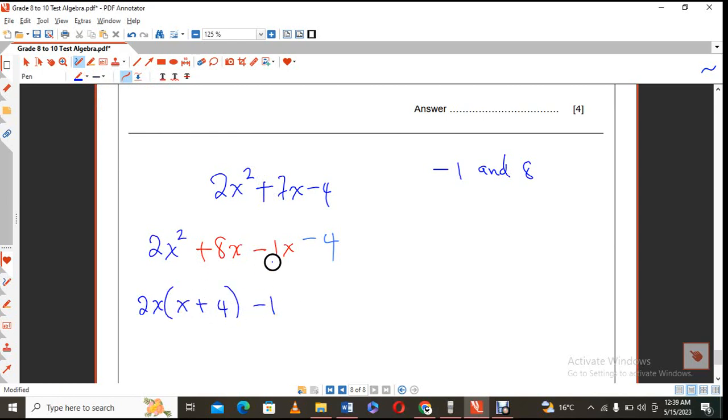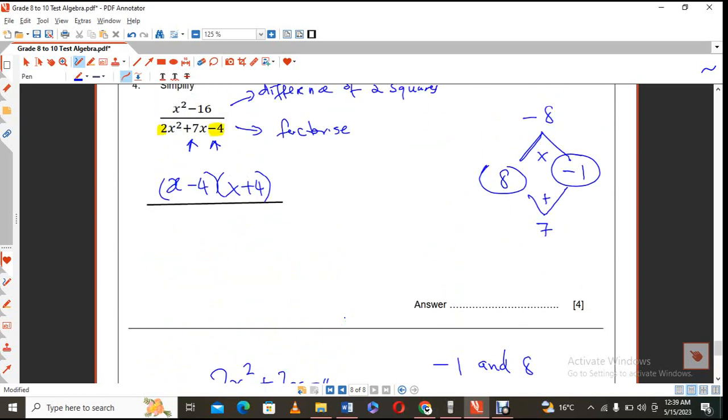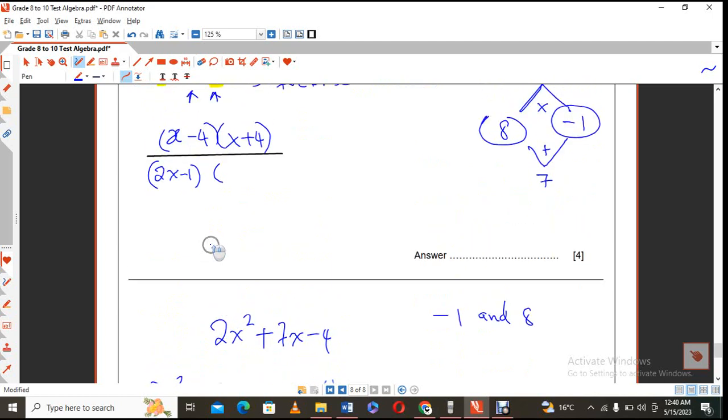Take out negative 1 because negative is common. Inside you'll have x plus 4. Eventually, 2x minus 1 comes in its own bracket, and x plus 4 is written on its own. So I have 2x minus 1, and in the other bracket, I will have x plus 4.